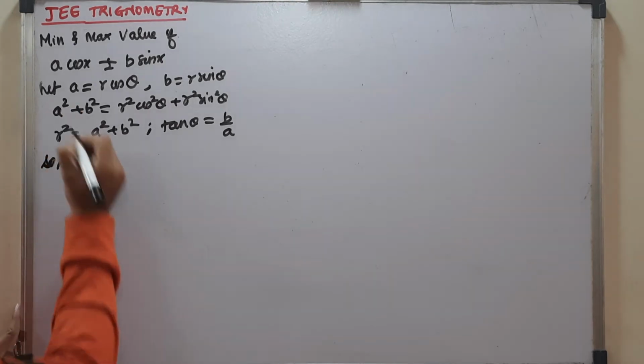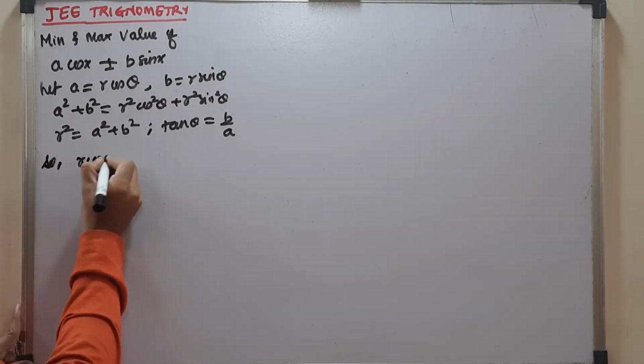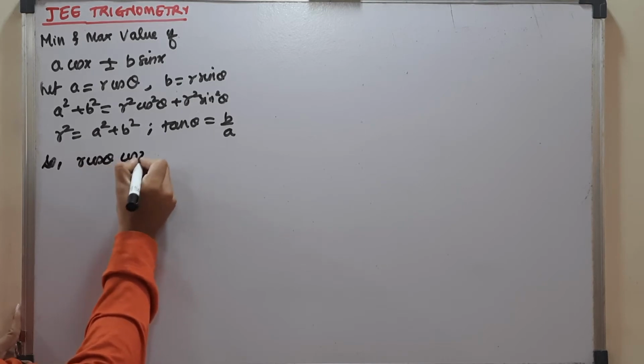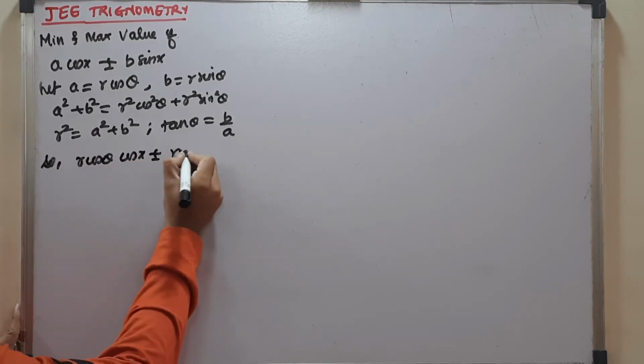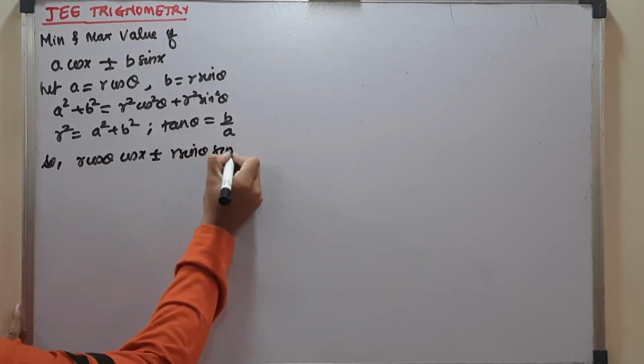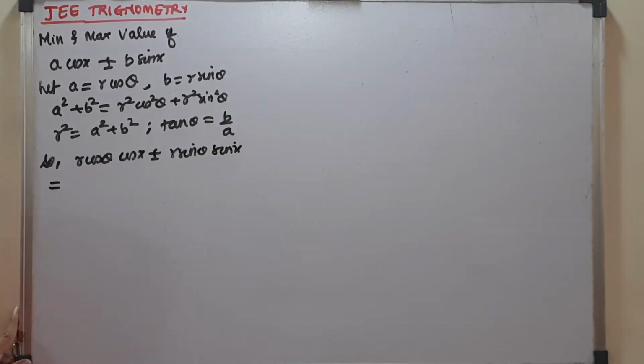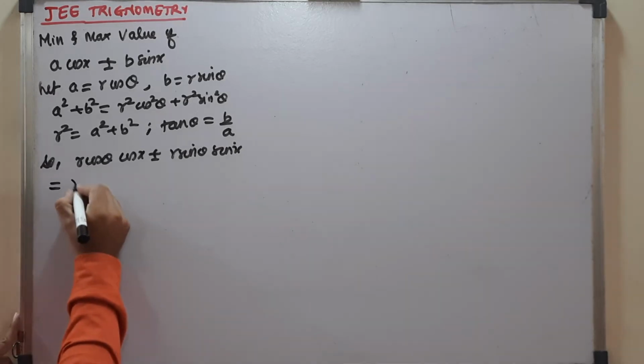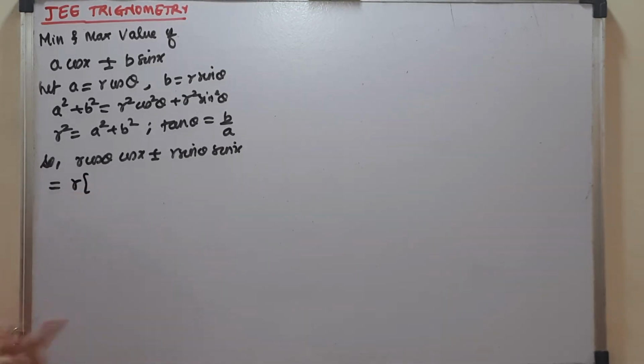I get a as r cos theta cos x plus or minus r sin theta sin x. So r I can take common, and I am dealing with plus or minus also, so there is no problem.